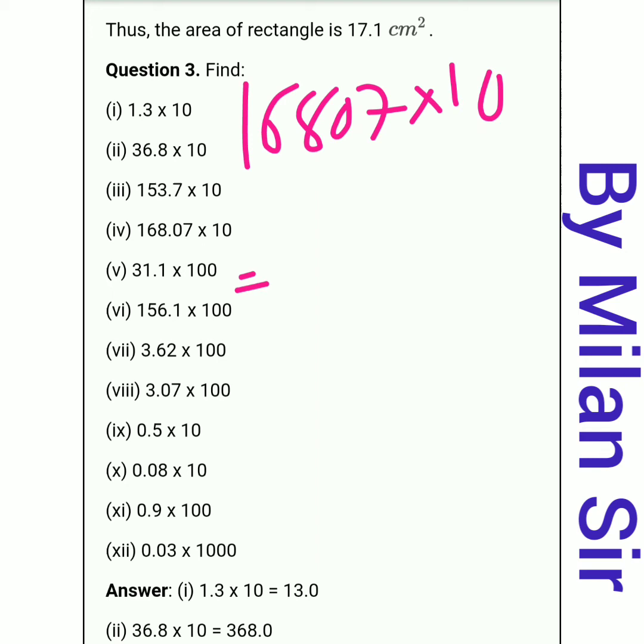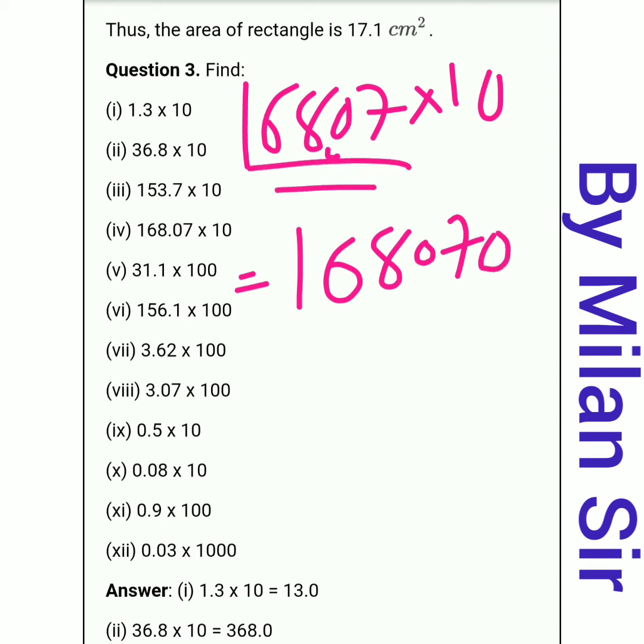First of all ignore the decimal point, so your answer becomes 16807. Now here before two digits we have the decimal point, so in the answer even before two digits we need to put the decimal point, so again we get the same answer, 1680.70.